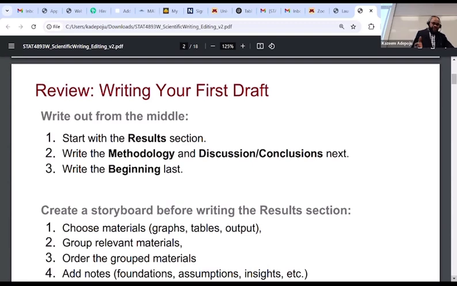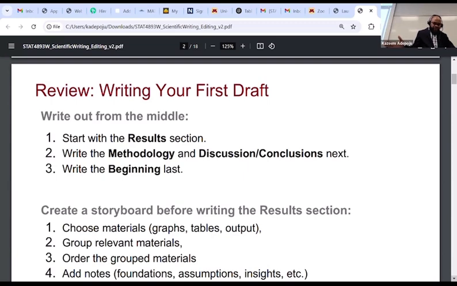The write first from the middle strategy focuses on the core result findings. The core result findings is the result section. The result section is data driven, and I'm going to say it is one of the most essential sections in the entire research body.